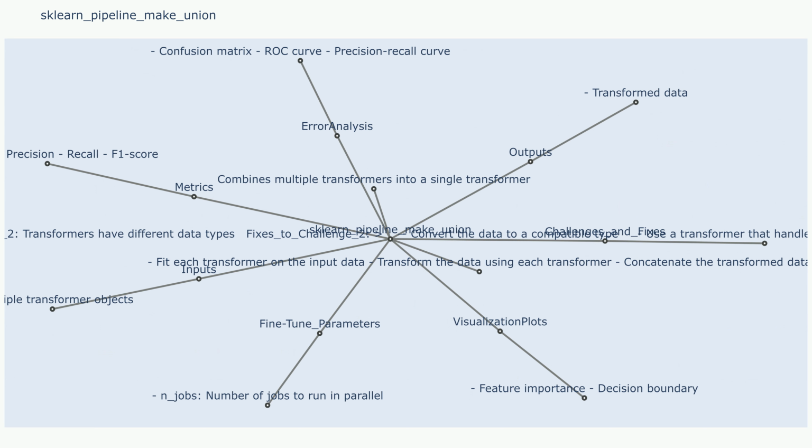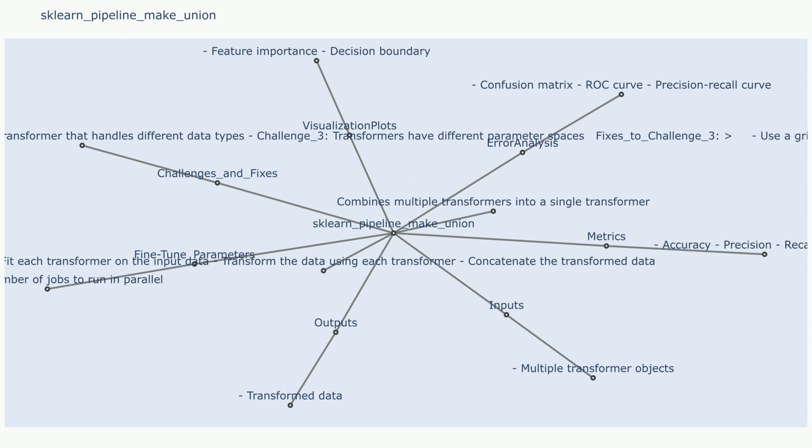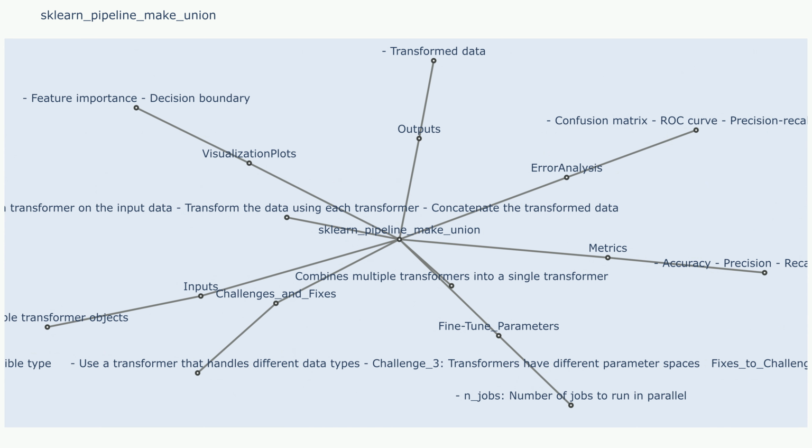Challenge 2: data leakage can occur if the same data is used for fitting and transforming the transformers in the list. Sample use case that resulted in challenge 2: if you are fitting a transformer on the entire training dataset and then use the same transformer to transform the training dataset, the transformer might learn about the target variable, leading to data leakage.